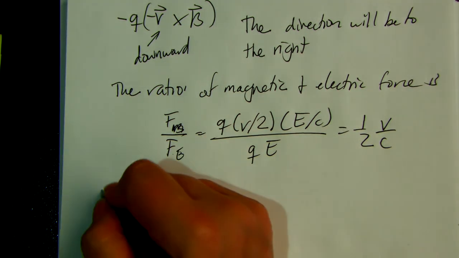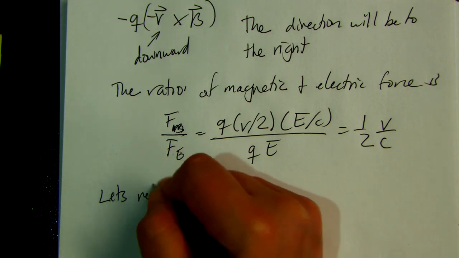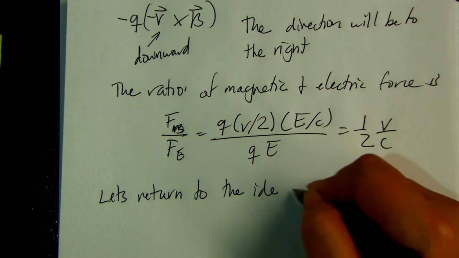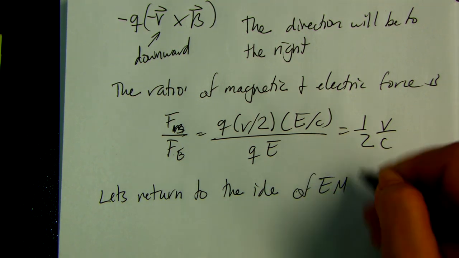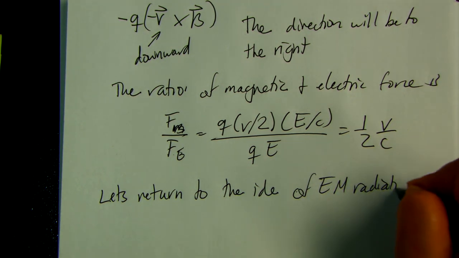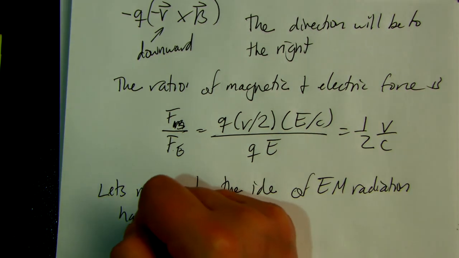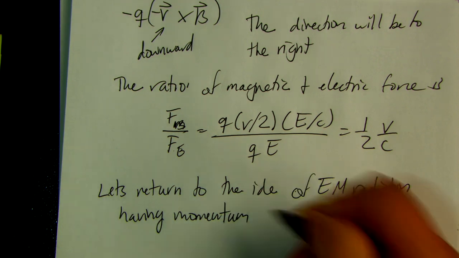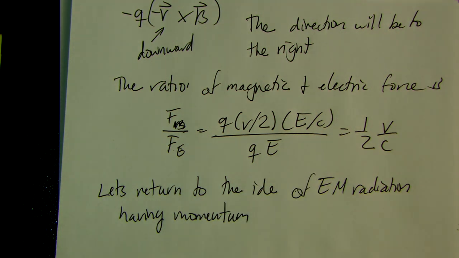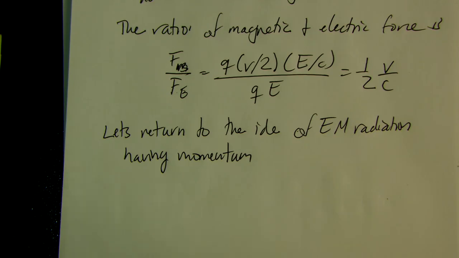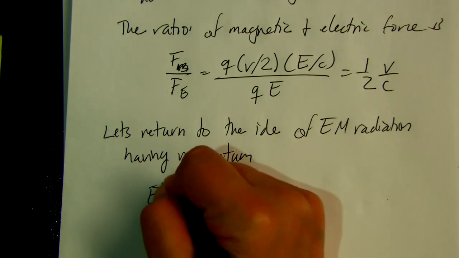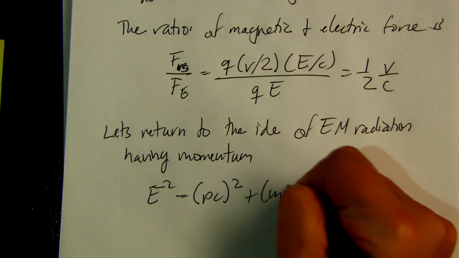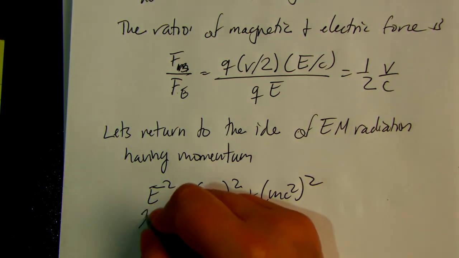Okay, so let's return to the idea of electromagnetic radiation having momentum. So we've talked about its energy, but we've not actually talked too much about its momentum. So we know E squared is equal to (PC) squared plus (MC squared) squared, energy.